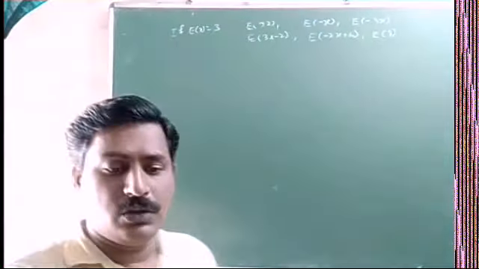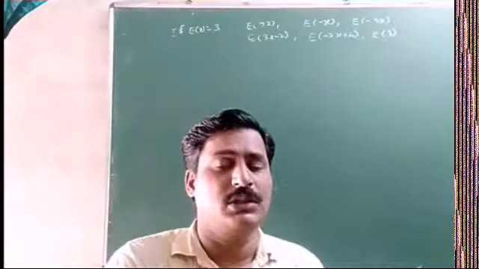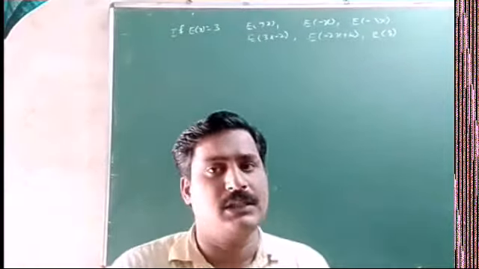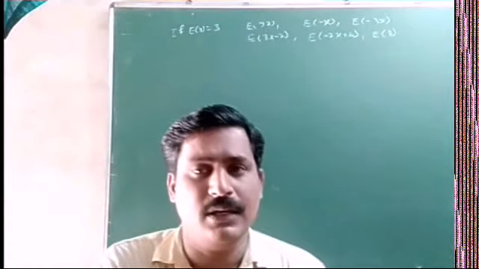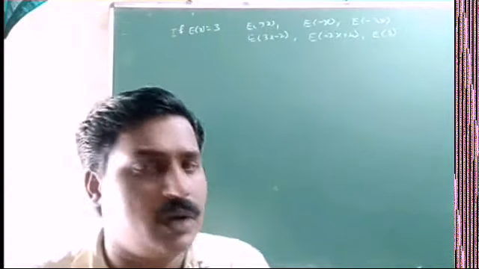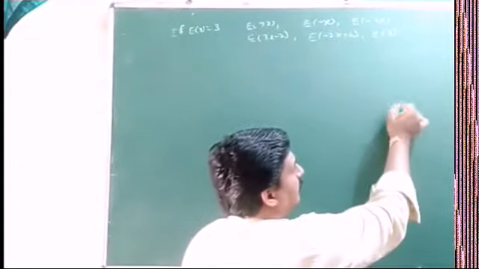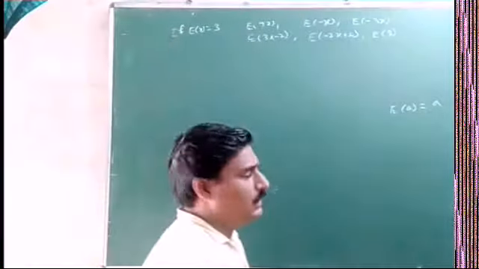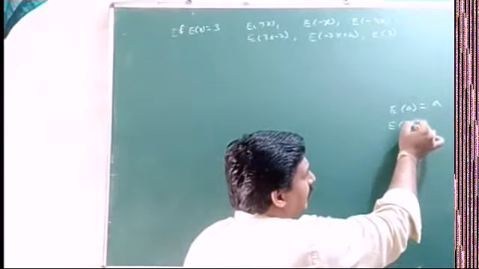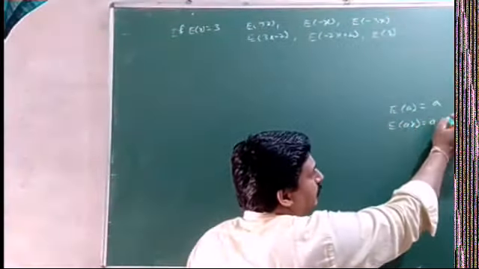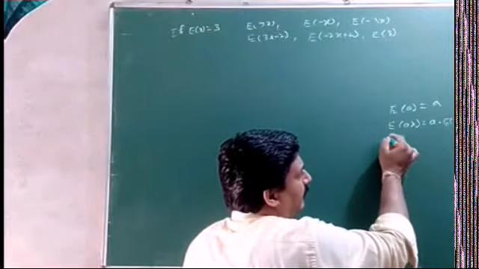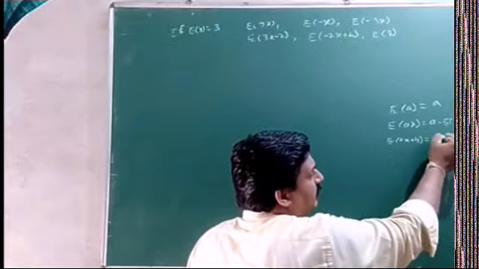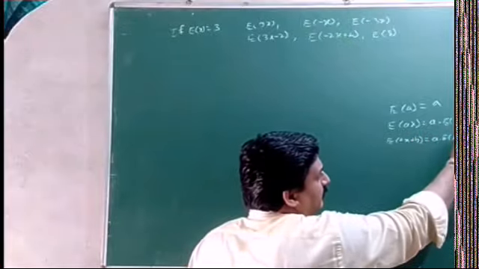Here, if you remember those expectations of x, there is E of a, E of ax, and E of ax plus b, then it is easy to solve. We already learned that E of a is equal to a itself, then E of ax is equal to a into E of x, and E of ax plus b is equal to a into E of x plus b.